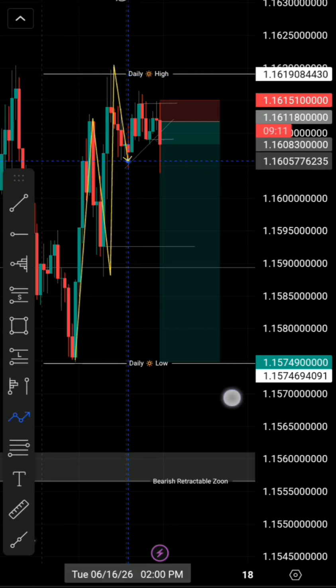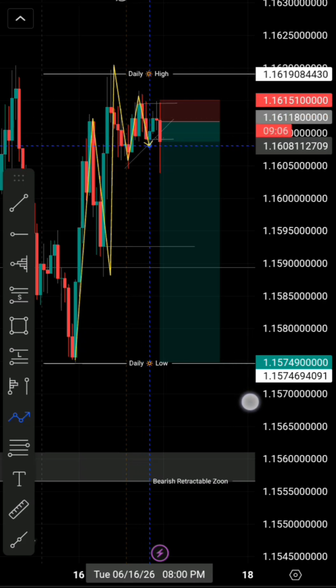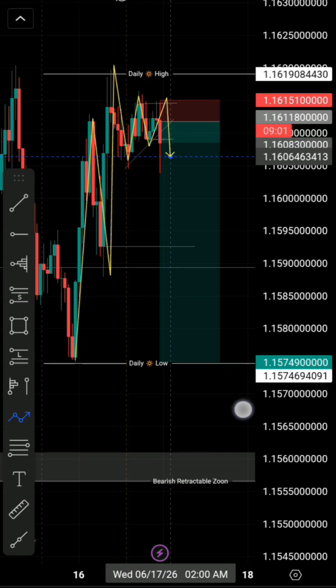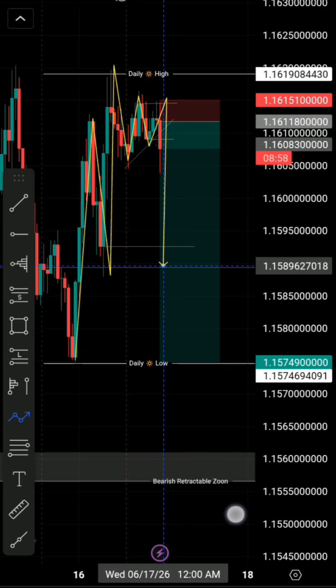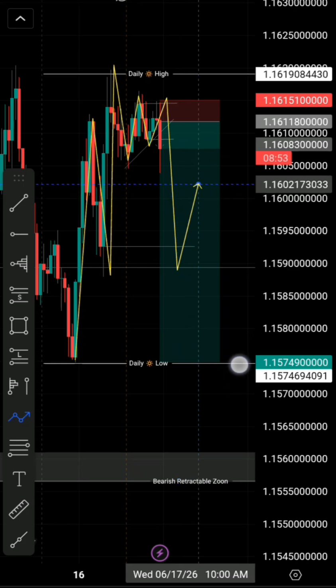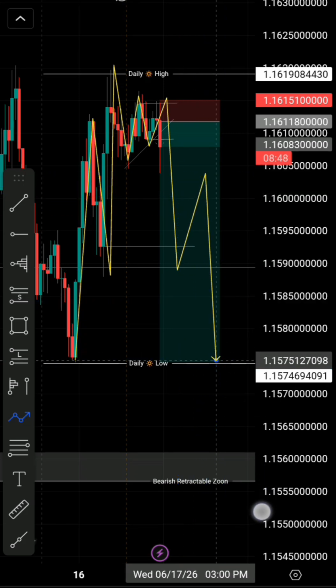So we're expecting price to do much more than we currently are seeing right now. Expecting price will move downward, maybe retrace here a little bit. At this point, we want to see price eject and we'll do 50% of this move before taking out this high. It's going to be a long trade, as you can see.